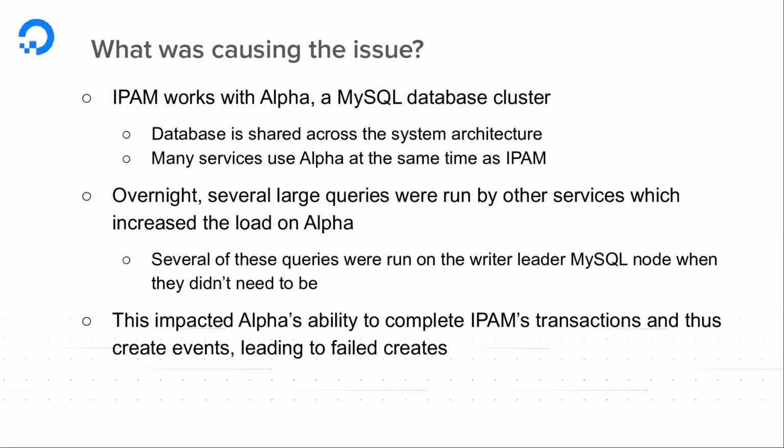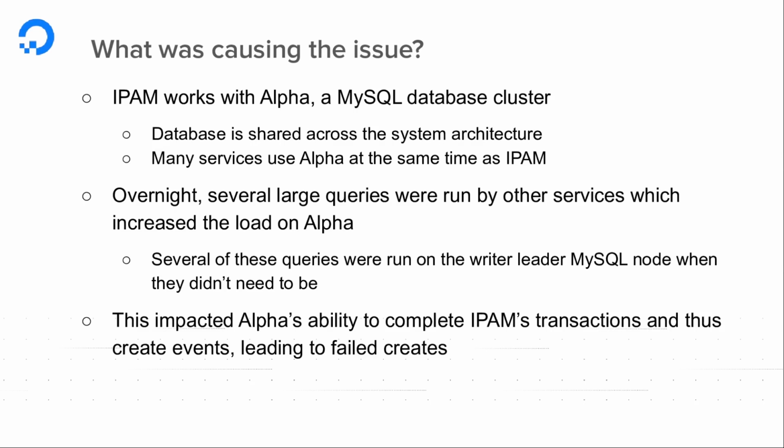The reason why these queries are run overnight is because typically overnight in the US is our lower peak hours, so we don't have as much traffic as usual. And it's just a good time for us to run these more heavyweight queries without really affecting other services typically. But what we found was that several of these queries were being run on the right leader node in our database cluster, which they didn't really need to be.